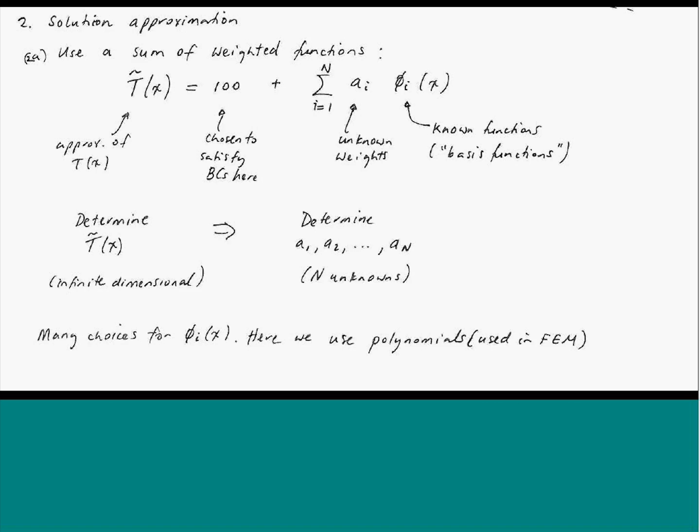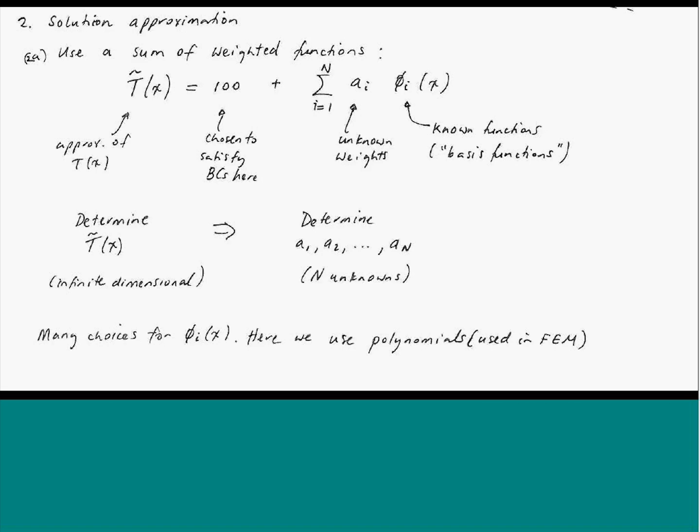Let's rather write our approximate solution, which I'm going to call t tilde of x. So this here is the approximation of my exact solution, t of x. And I'm going to write it as, I'm just going to leave a bit of space here, the sum from i equals 1 to capital N of some a_i's times some phi's that are a function of x.